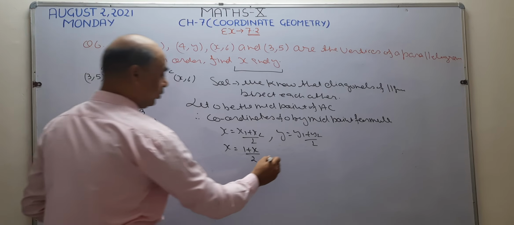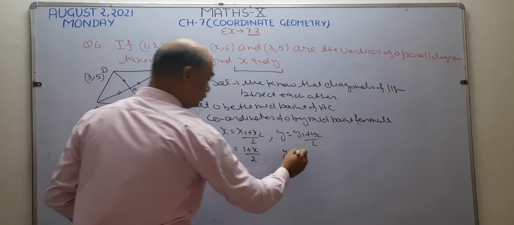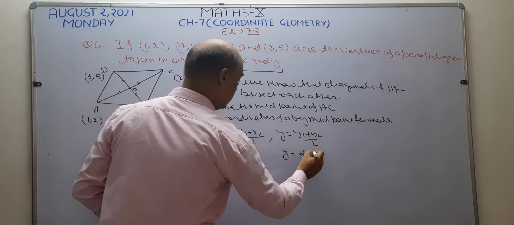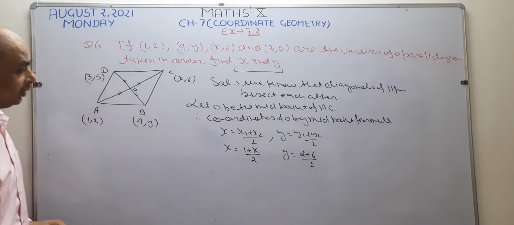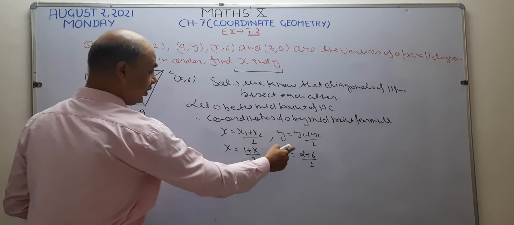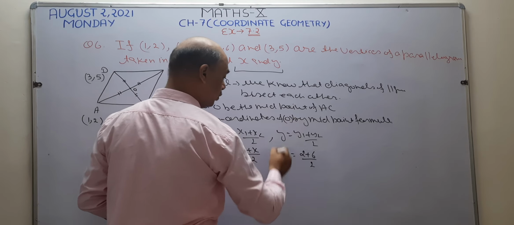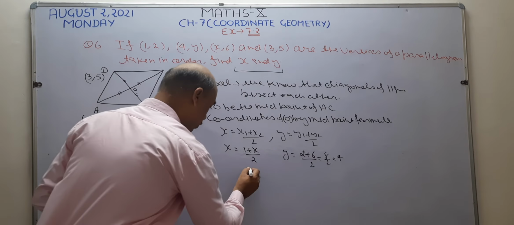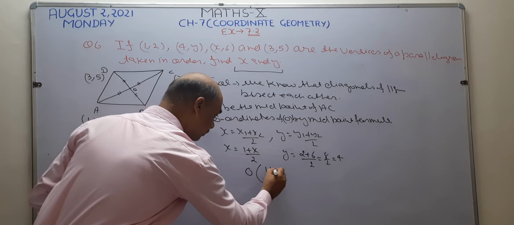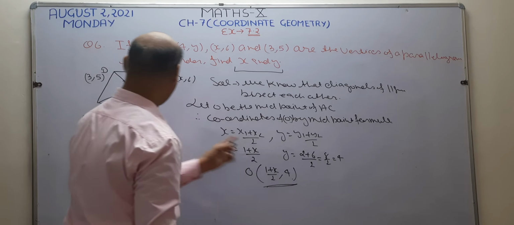Now value of y equal to (y1 plus y2) upon 2, which is (2 plus 6) upon 2. Now these are the coordinates of O. So this becomes 8 by 2, which is 4. So coordinates of O become ((1 plus x) by 2, 4).